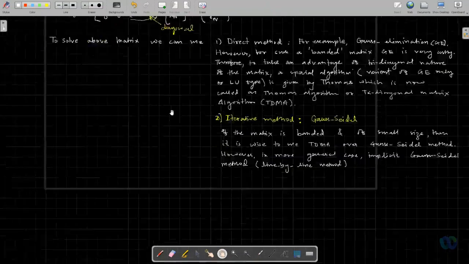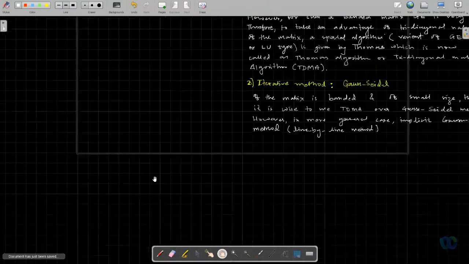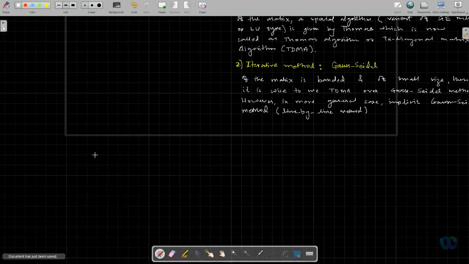Okay, so we're looking at the TDMA algorithm. Already I have given two steps of TDMA, that is the reduction to upper triangular form and the back substitution.